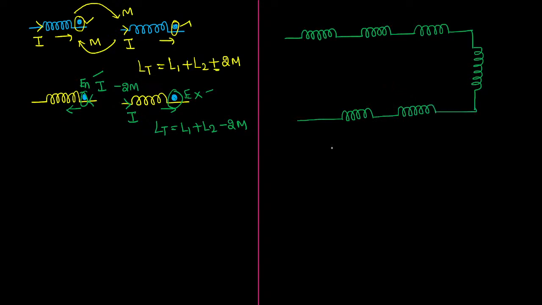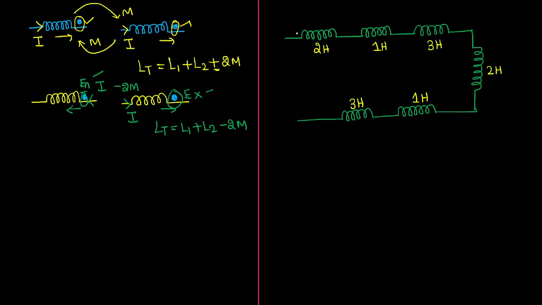Like that, they have connected so many inductors in series. Then they gave values like this: this is 2 Henry, this is 1 Henry, this is 3 Henry, this is 2 Henry, this is 1 Henry, this is 3 Henry.